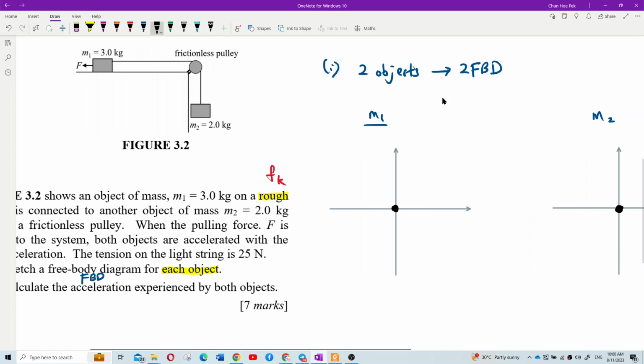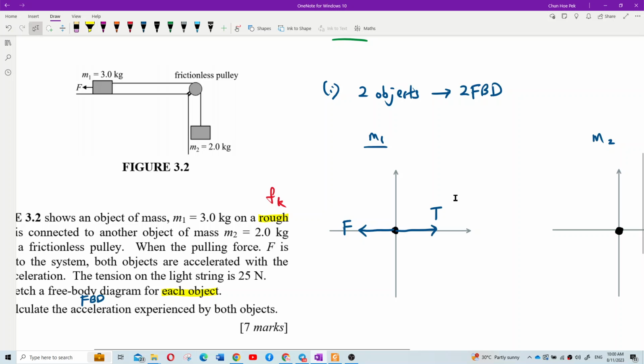Now, for mass 1, you have the pulling force to the left and tension to the right.